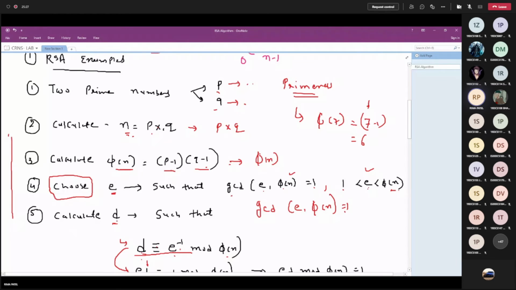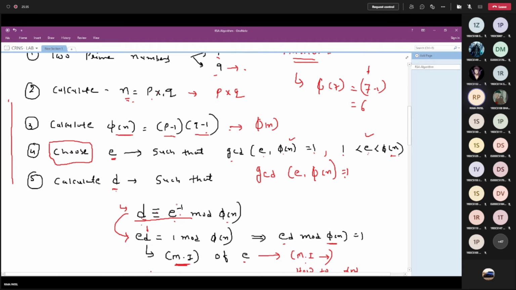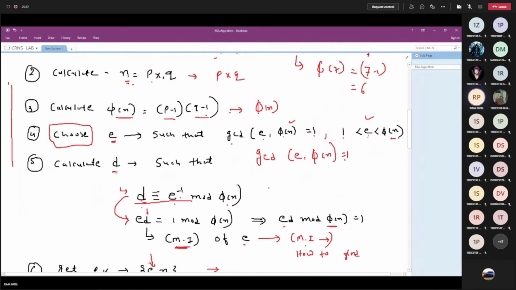The next step is to calculate D. You need to calculate D such that, again, you fulfill the condition: D is congruent to E inverse mod phi of n.